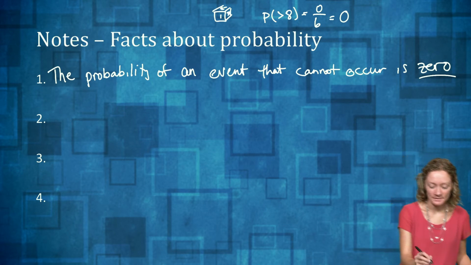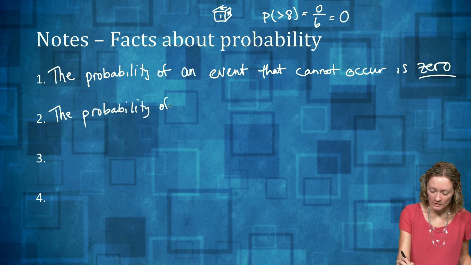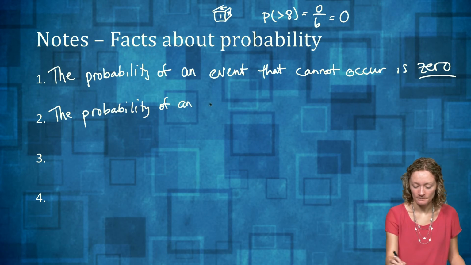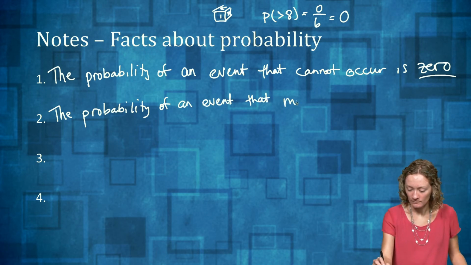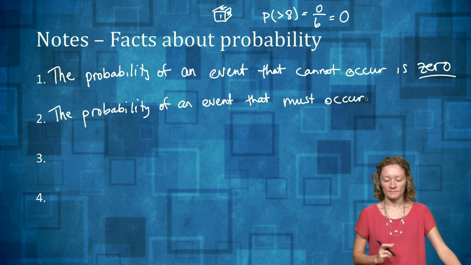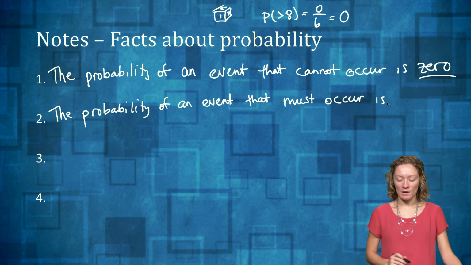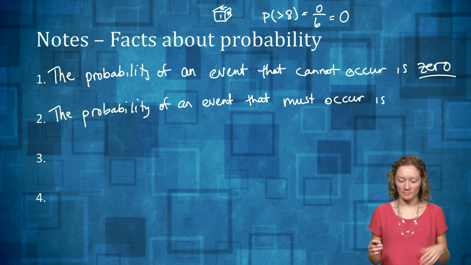The second fact, the probability of an event that must occur is, let's think about this same problem. We're rolling a die multiple times and we're adding the numbers up, and now we want a really small number, let's say.